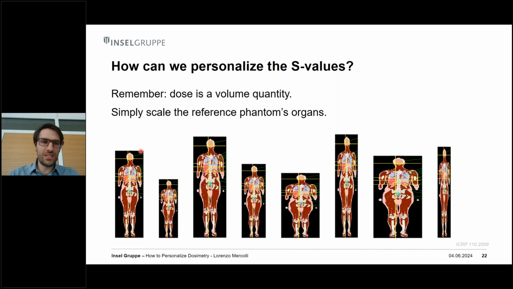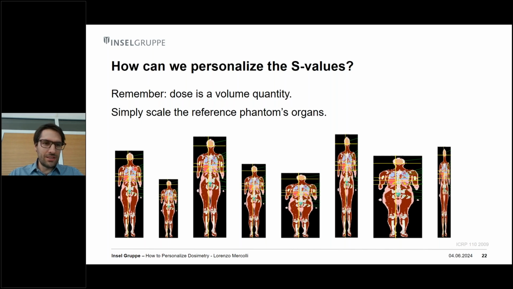With that, we sort of take care of the difference between, say, the size of the kidney in the human phantom and the patient that we have in front of us. Now, of course, this is mostly a bad fix, because you just scale the volume of the organ.